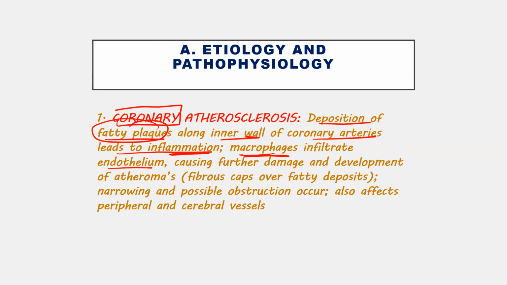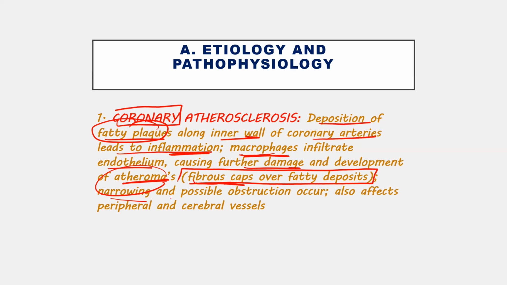So whenever there is inflammation, our immune response lets the macrophages go into the endothelium, causing further damage and development of the atheroma, that is a fibrous cap over fatty deposits. So when there is plaque deposition and fat, there is formation of atheroma, that is fibrous caps on the fatty deposits.